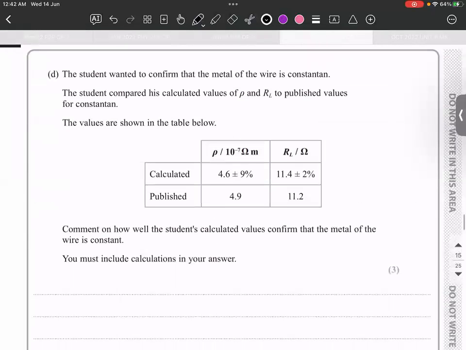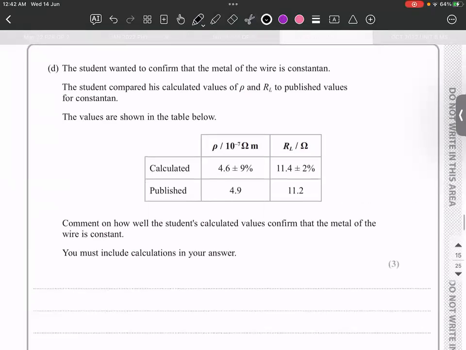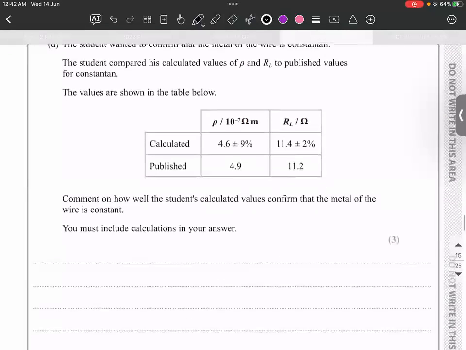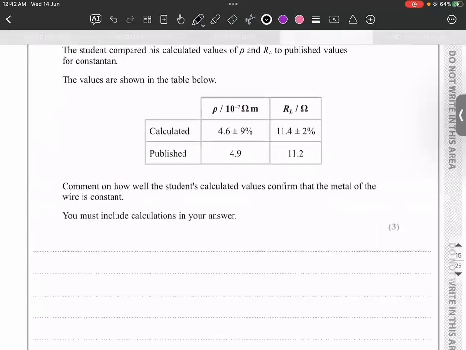Move to question D. The student wanted to confirm that the metal of the wire is constantan. The student compared his calculated values of rho and RL to published values for constantan, and the values are shown in this table. Calculated value of rho: 4.6 plus or minus 9%.